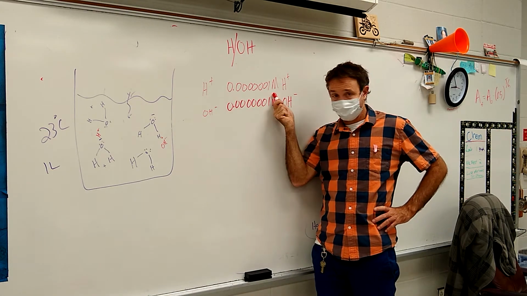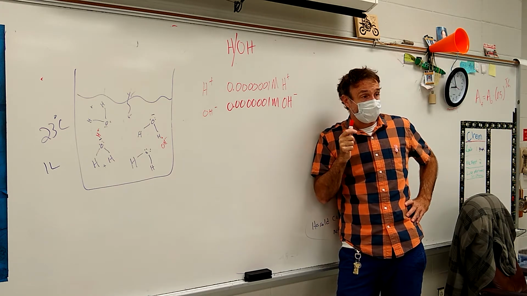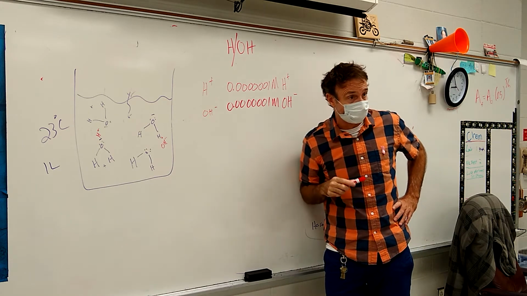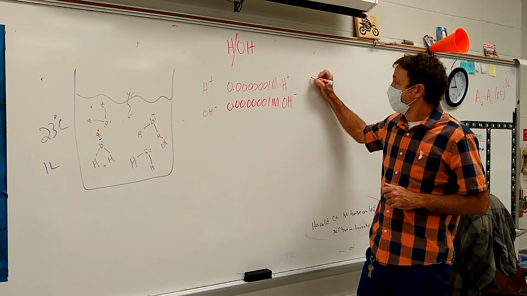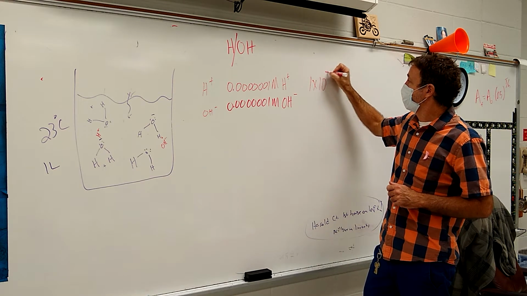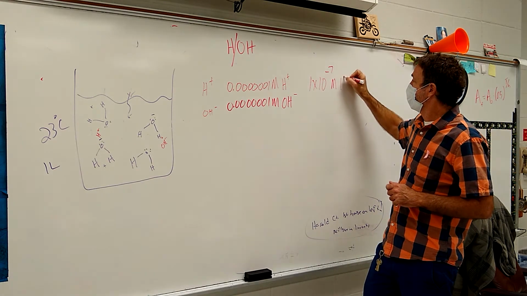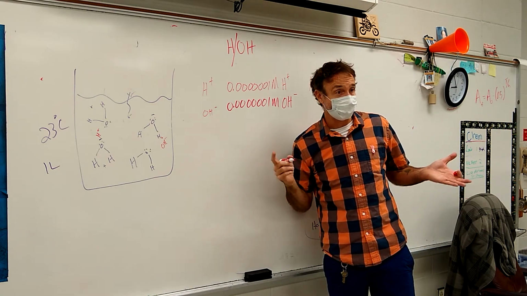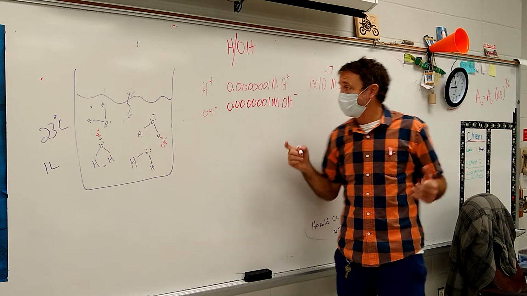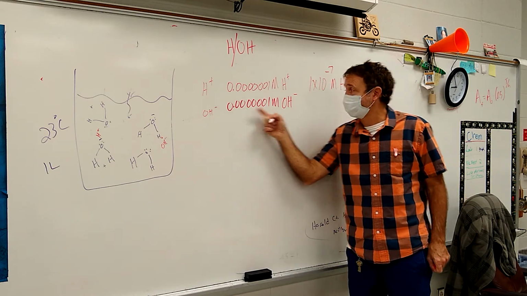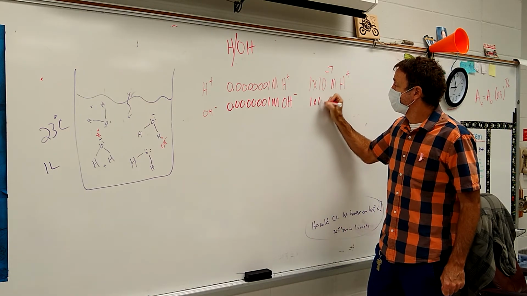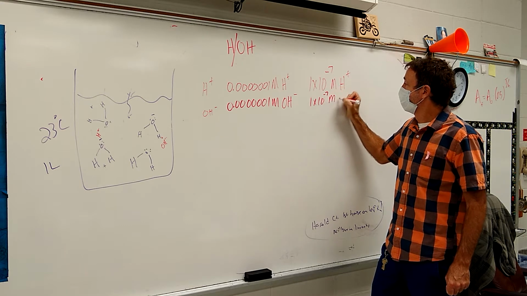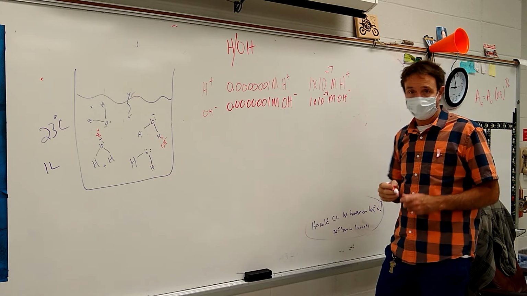Let's write this now in scientific notation, and let's make things start to unravel. 1 times 10 to the negative 7th molar H+. Isn't that the same thing? And how can we write this in scientific notation? 1 times 10 to the negative 7th molar hydroxide.